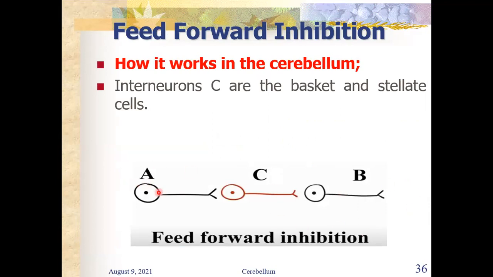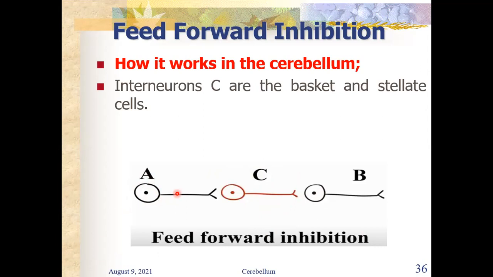For example, interneuron A, C, and B. Interneuron C has a negative or inhibitory excitation. So it negatively inhibits interneuron B while it receives a stimulating feedback from interneuron A. For example, interneurons C can be basket and stellate cells in the cerebellar cortex.